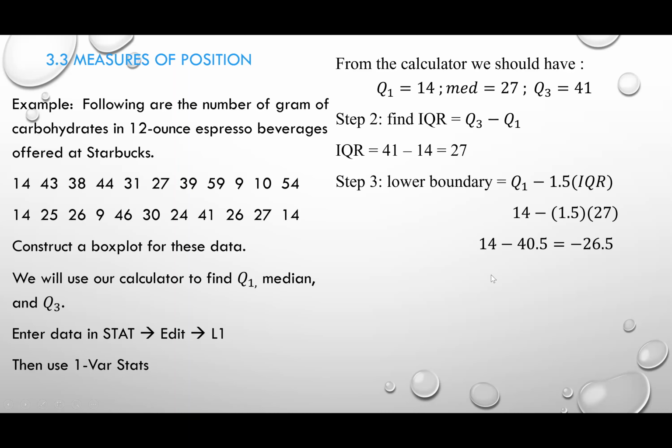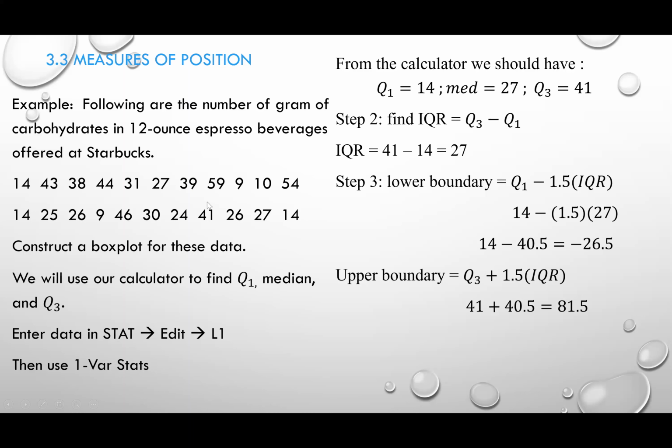So again, the upper boundary is the same as before. It's just Q3 instead of Q1: Q3 added to 1.5 times IQR. If you do that, 1.5 times IQR is 40.5, and 41 plus 40.5 will give me 81.5. So everybody see that my upper boundary is 81.5.